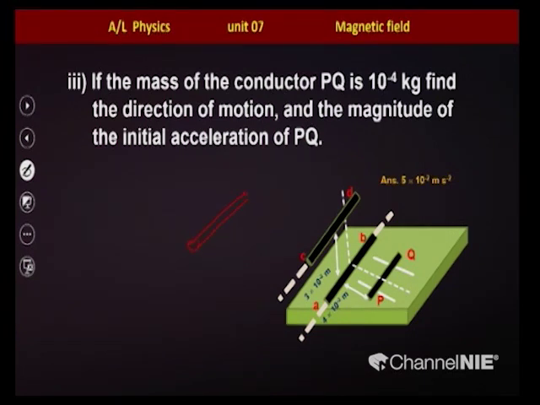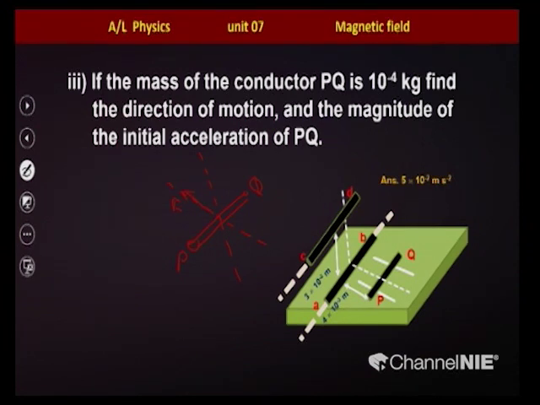So, two forces are acting on this conductor PQ. One force is due to this AB conductor. That force is in the horizontal direction. That one is F.